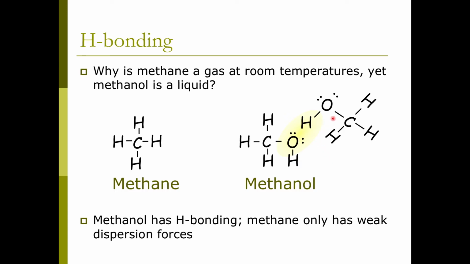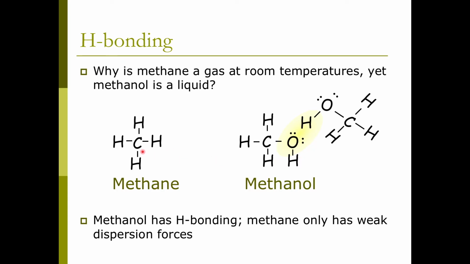So another methanol molecule right here will have a hydrogen that will be attracted, because this is a positive charge, to these lone pairs right here. And so we'll get this attraction between a hydrogen and an oxygen. Now, to have hydrogen bonding, you have to have a very electronegative atom, like fluorine, oxygen, or nitrogen. But this is possible. Methanol will do hydrogen bonding.